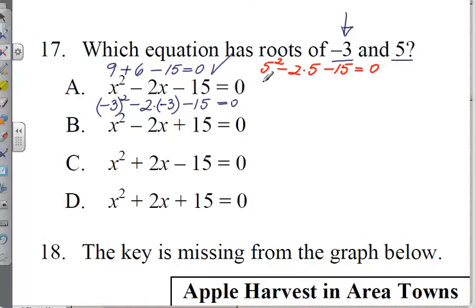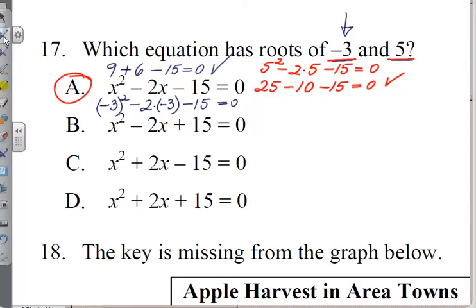Well, let's simplify this expression. 5 squared, that would be 25, minus 2 times 5, minus 10, minus 15 equals 0. Is that true? 25 minus 10 will be 15. Minus 15 is 0. Yes, it is true. I can tell that -3 and 5 are the roots of this equation. And to answer the problem, which equation has roots of -3 and 5? Well, I'm going to say A is the right answer.